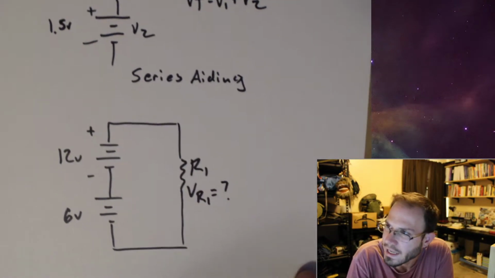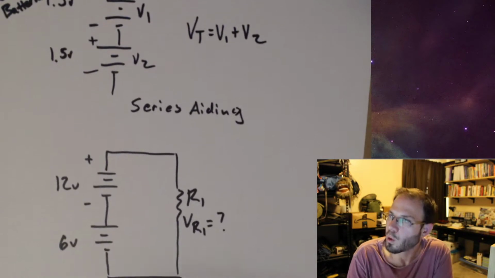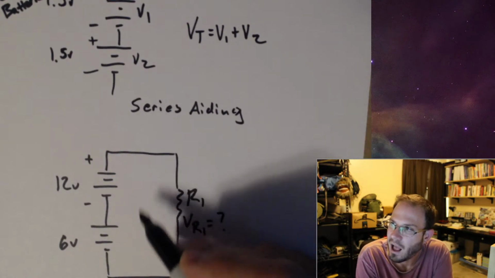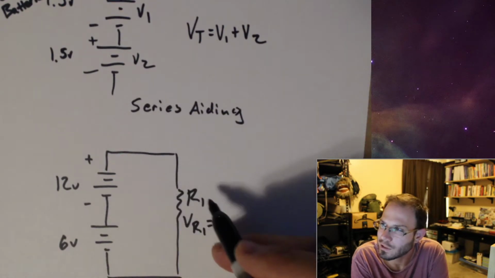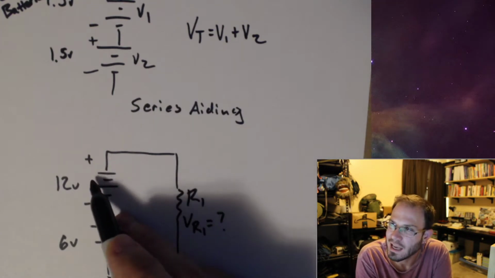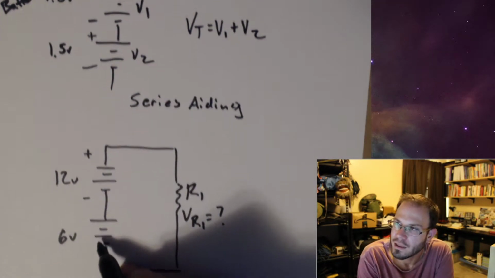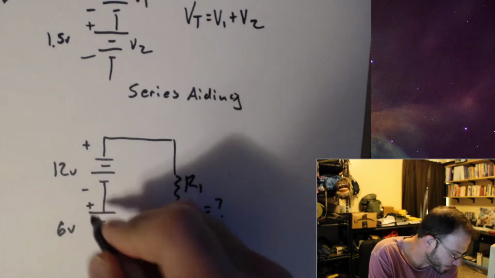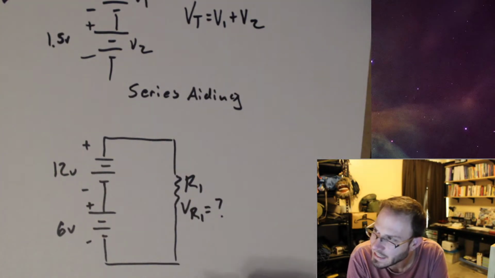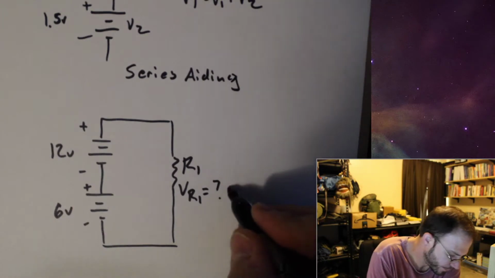What does VR1 equal? According to what I wrote up here, these two should add up, and that would be the total applied voltage to this resistance. In the case of 12 volts and 6 volts, they're series aiding, so I should get 18 volts applied to it.